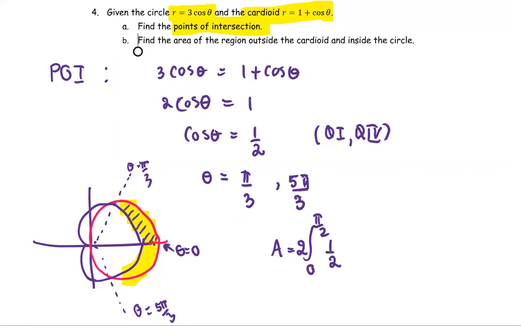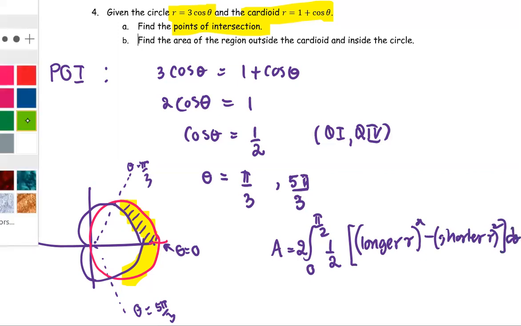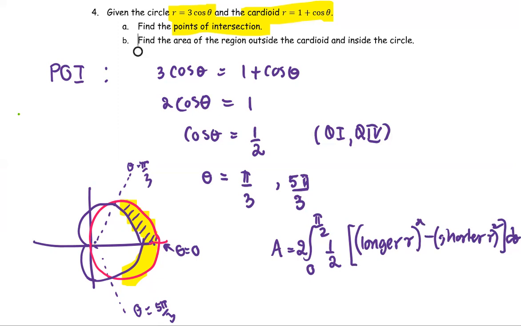The integrand is 1/2. Now we're going to determine which one has the longer radius: the longer r squared minus the shorter r squared with respect to theta. If you take the ray or the r from the pole, we can see that the longer one is the circle and the shorter one is the cardioid.